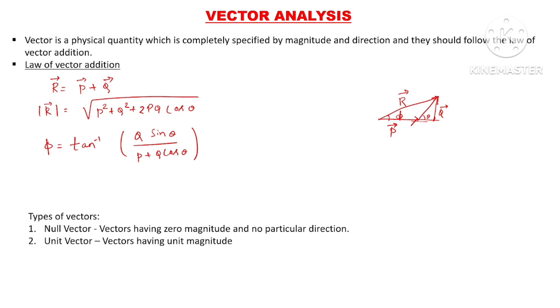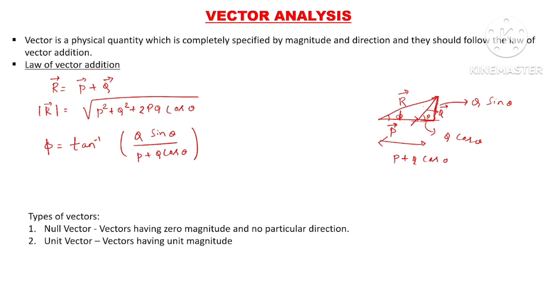This is the height. This is the Q vector. So this will be Q sine theta, and this part will be Q cos theta. So the whole base will be P plus Q cos theta, and this height will be Q sine theta. So phi becomes tan inverse Q sine theta divided by P plus Q cos theta.